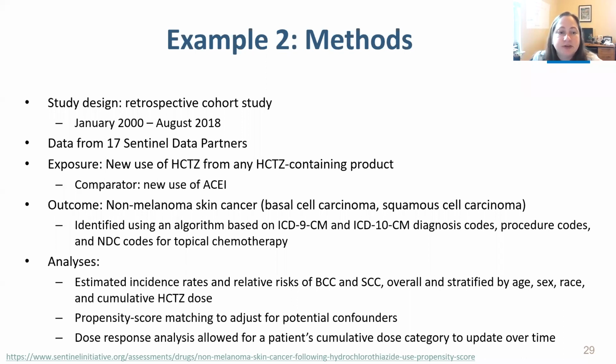They looked at incidence rates of basal cell carcinoma and squamous cell carcinoma, as well as relative risks overall, and stratified by different demographic characteristics, as well as cumulative hydrochlorothiazide dose. They did propensity score matching to adjust for confounding. And then I mentioned the dose response analysis. A patient's cumulative dose category could update over time, as they continue to take hydrochlorothiazide.